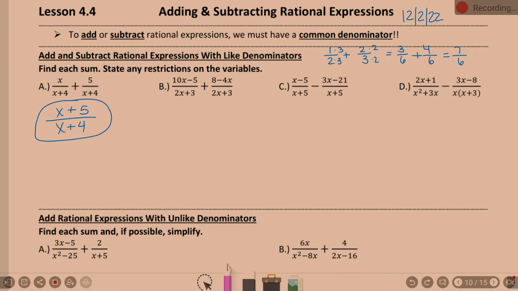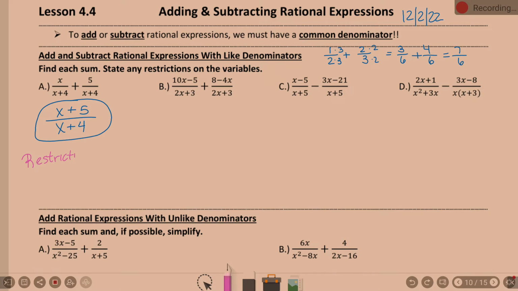Negative 4, because that is the denominator. So, if we real quick talk about restrictions on the variable, it's a fraction. Are these restrictions going to be any different from what we did last lesson? No, it's going to be anything that can make the denominator equal to 0. So what would make the denominator equal to 0 here?